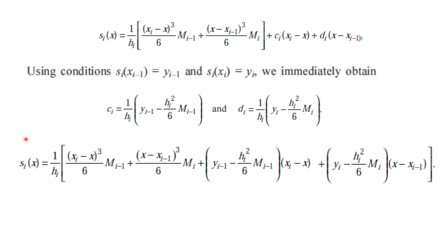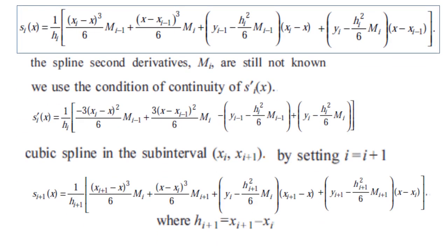So our spline function becomes like this, where we substituted ci and di. But still we don't know the mi values.